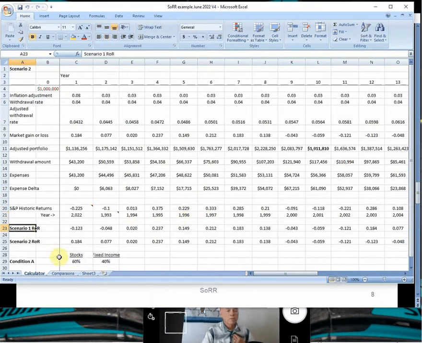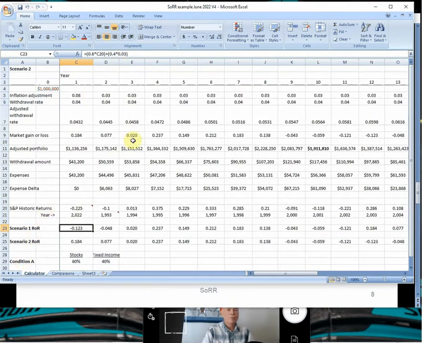So this row here, scenario 1, rate of return, it's a combination of the actual returns multiplied by 60% and 40%. And that's standard across all the rates of return across both scenarios, that 40% times the 3%. If you remember, that was one of the assumptions that I made.